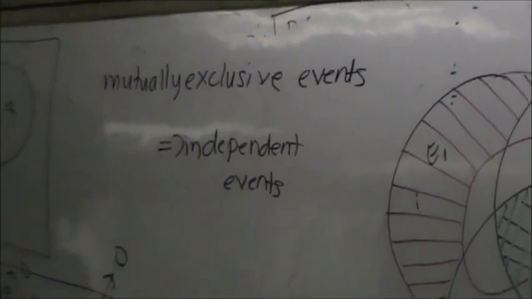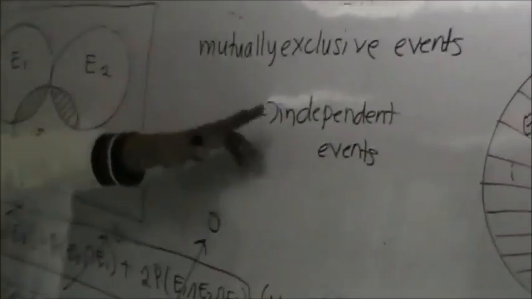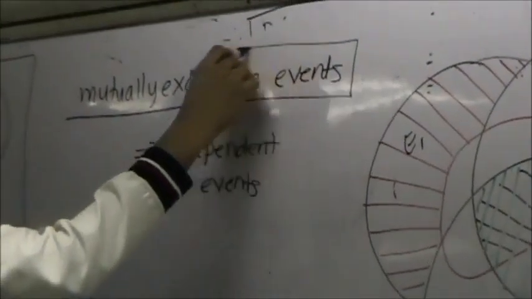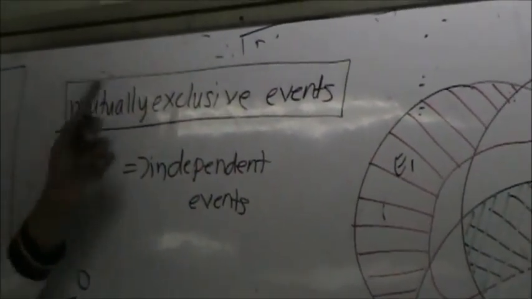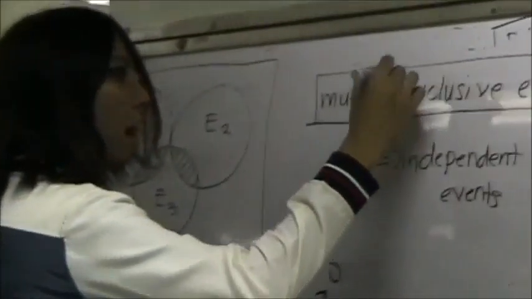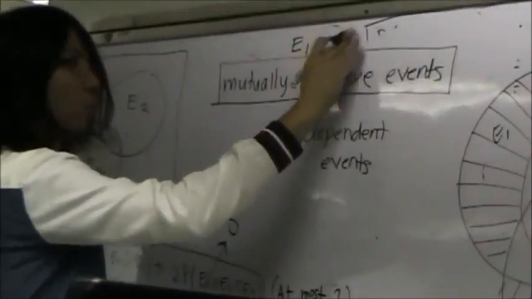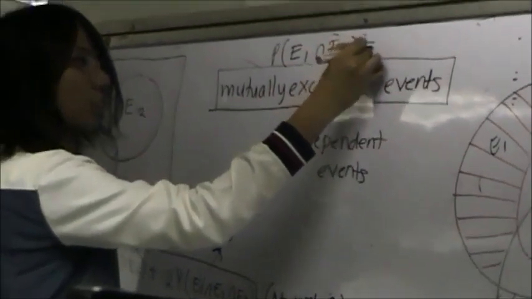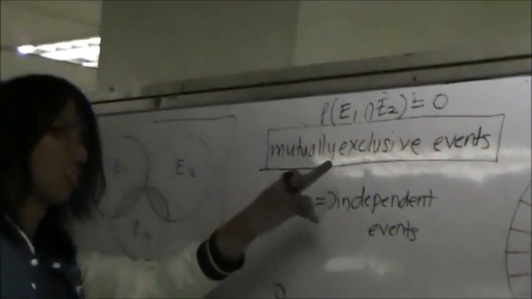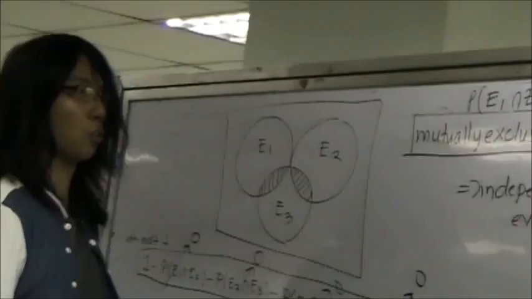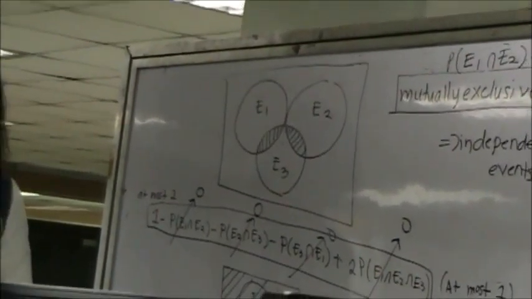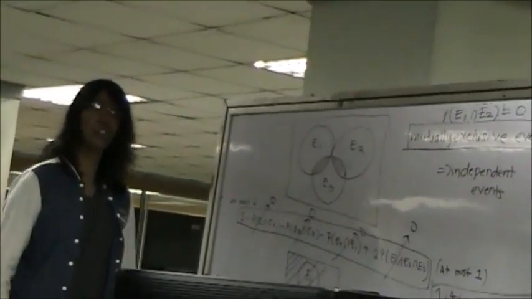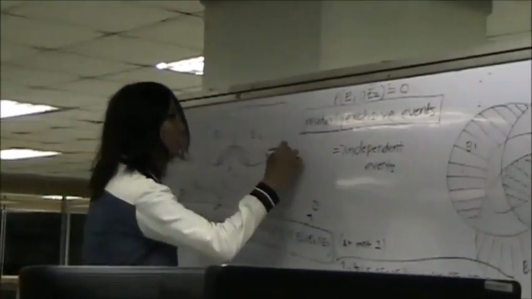No, it's not. But some books actually say it's the same, but it's not. So we know what this thing is. This means if they're mutually exclusive events, if I talk about E1 and E2, then the probability of their intersection is 0. That is mutually exclusive events. But when events are independent, we talk about this.